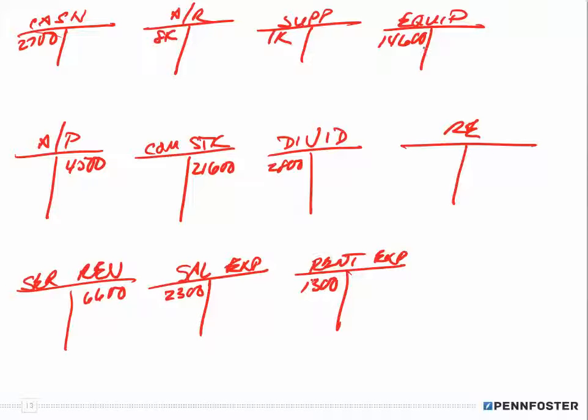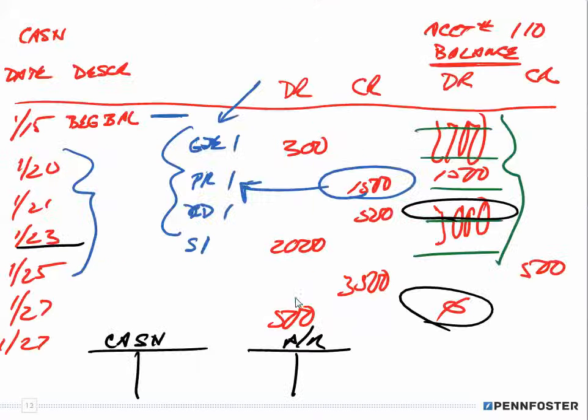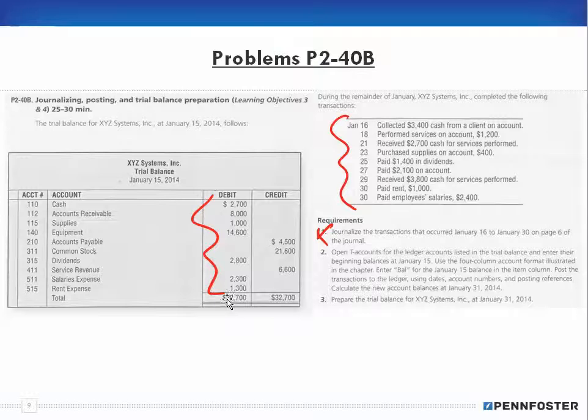Now if you look at this overall scheme of things, if you added up all of your debits, this 2,700, 8,000, 1,000, 14,600, a dividend of 2,800, your salaries of 2,300, and your rent expense of 1,300, you should have a total of 32,700, because all you're doing is transferring information.